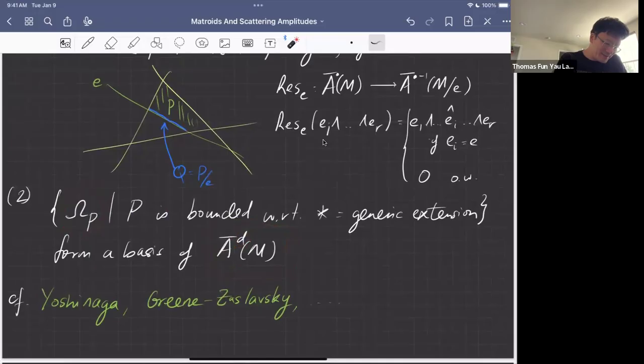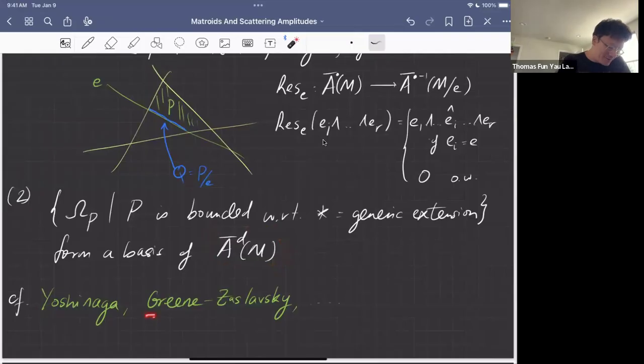And if you're familiar with the bijective version of the dimension of the top part of the Orlik-Solomon algebra, the dimension of this thing is equal to the number of bounded regions, bounded with respect to a generic extension of your hyperplane arrangement.